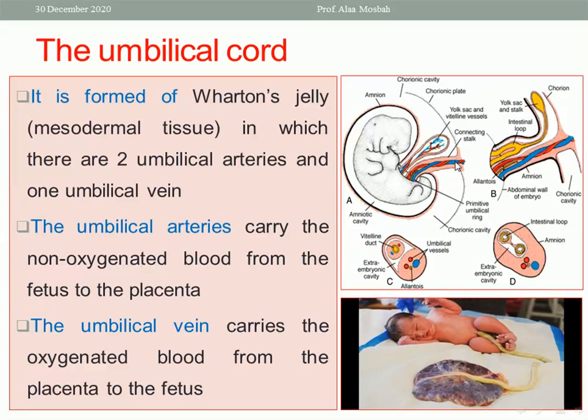The 2 umbilical arteries carry the deoxygenated blood and toxic metabolized products to be excreted through the placenta, from the fetus to the mother, while the umbilical vein carries the oxygenated blood and nutrition from the maternal side to the fetal side. So the umbilical vein is the one which carries the oxygenated blood and the nutrition to the fetus.